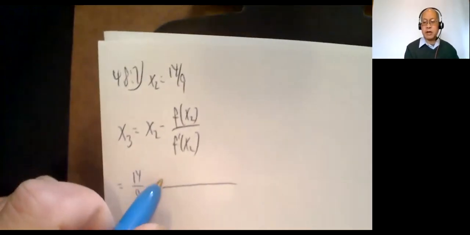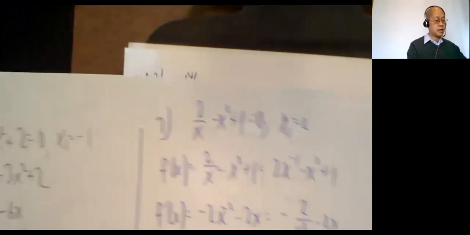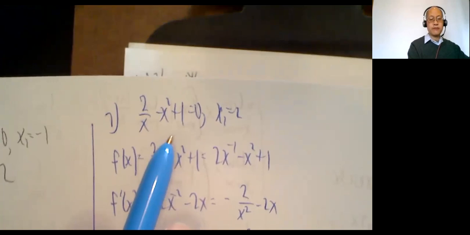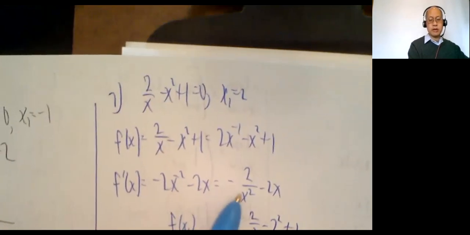So x3 is x2 minus f of x2 divided by f prime of x2. It's 14 over 9 minus function divided by the derivative. So 14 over 9, that clumsy thing, goes in here for the function and also here for the derivative.